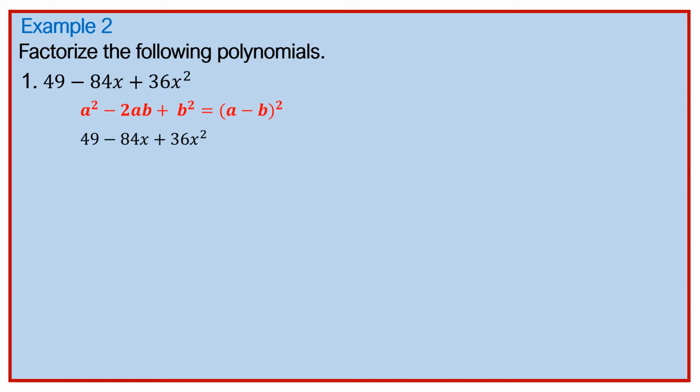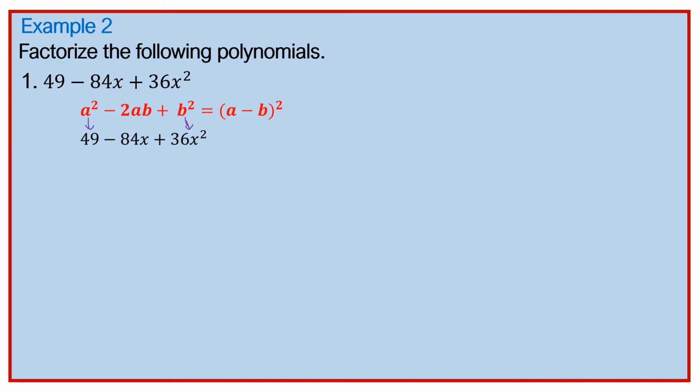Okay? You can see that a squared is 49. This means that a is 7, because 7 squared will give us 49. We can see that b squared is 36x squared.